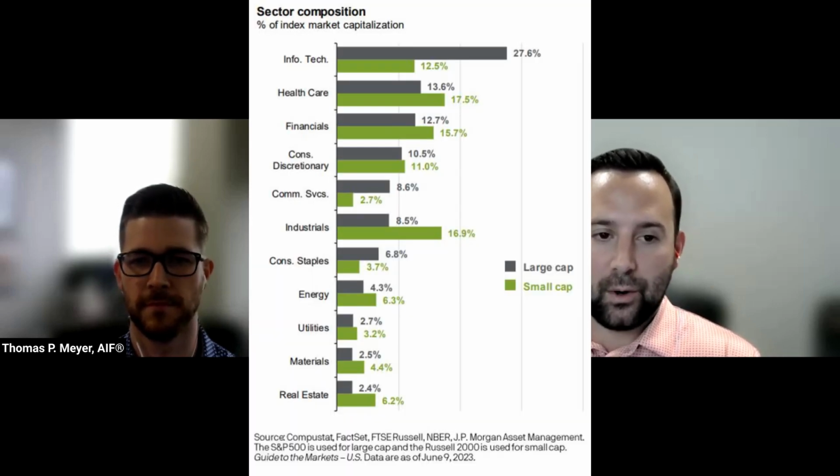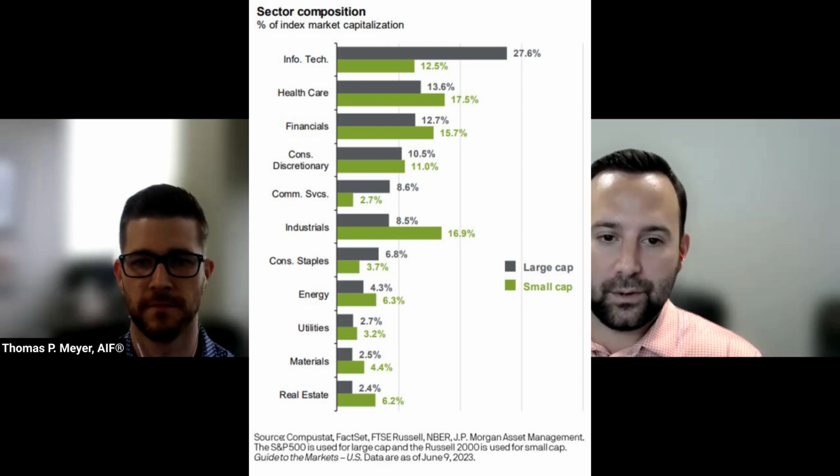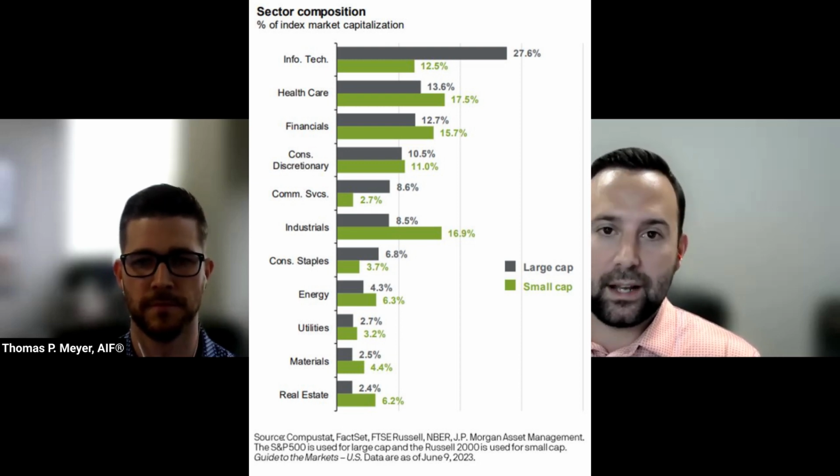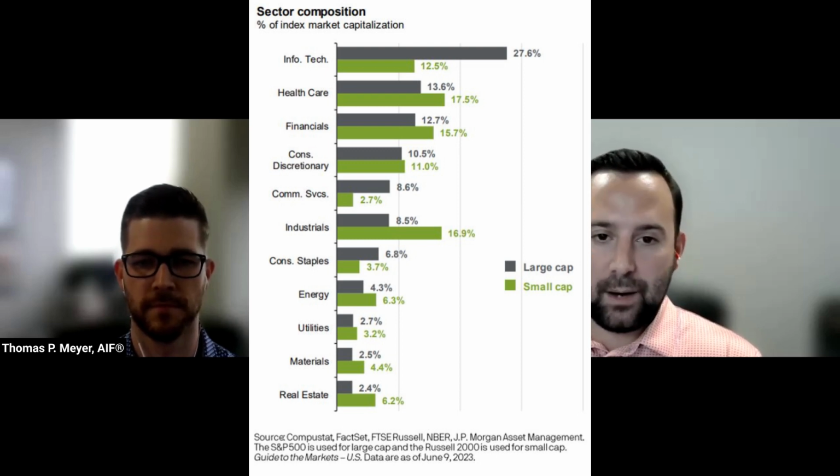And when you look at how a large cap index versus a small cap index is comprised, you can see in this chart that large cap has a much higher weighting to technology, or infotech here, about 27.6% versus a small cap index, which has about a 12.5% weighting. And many of those top and largest companies that Tommy mentioned in the beginning are technology companies. So again, that's why you'll see small caps lagging large caps this year.